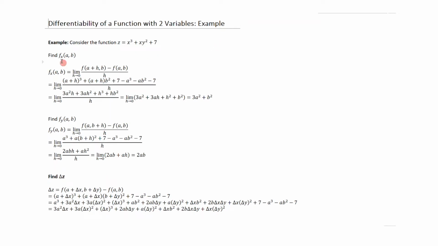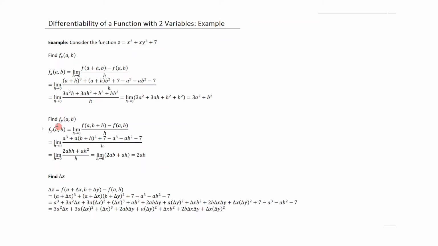So the first step would be to find f partial x at some value (a, b), and so we're applying the actual definition of a partial derivative here, but using this as our function. And so we're substituting for x a plus h here, and for x a here, and in both cases y is b. And if we go through these calculations, you'll see that as h goes to 0, there's some cancellation, and we're just left with terms of 3a squared and b squared.